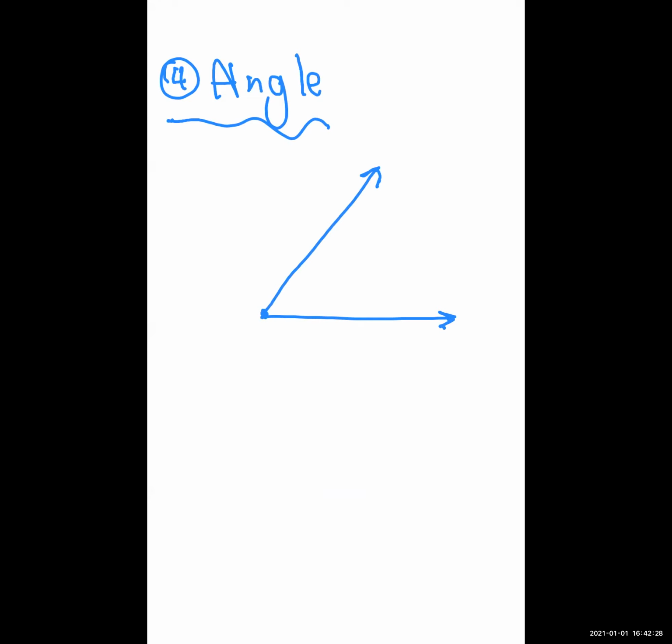So now if it's AB and the other ray is AC, the angle will be here in between the two rays. So the angle is the union of two rays with the same starting point.